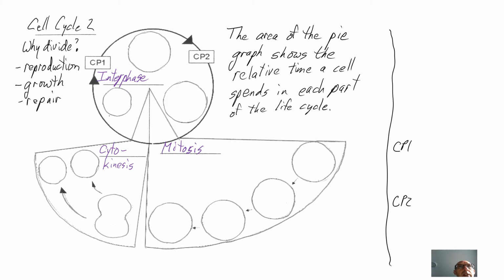And in the top right-hand corner, I need to write a little bit about genetic material. So first of all, the genetic material is organized in strands of DNA.